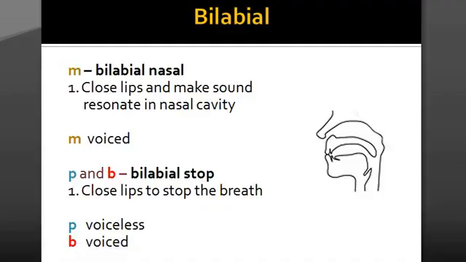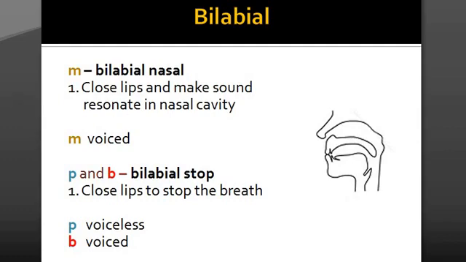So when I say p, the P sound, there is no vibration. When I say b, the B sound, now I have the vibration here in the vocal cord. So b is voiced. Okay? All of this, we're just reviewing what we talked about last week.